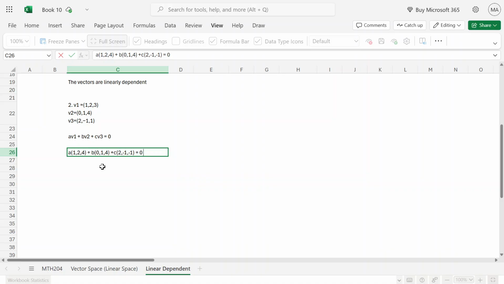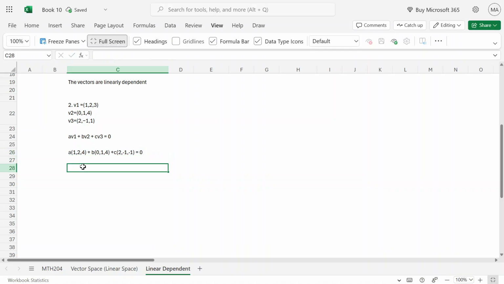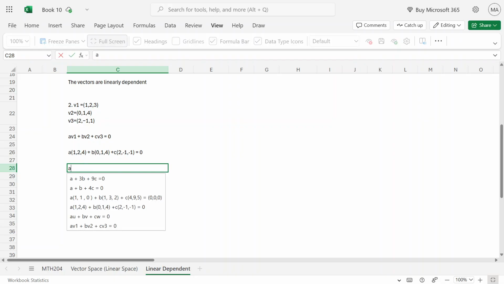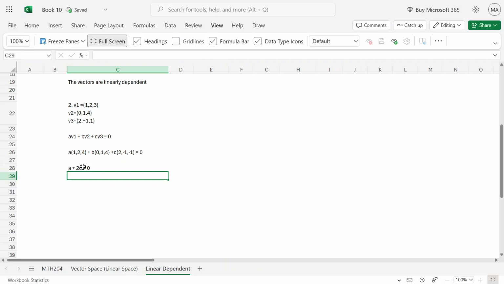Now, we should rewrite this and form our three equations. It will now be a times 1, a plus 0 times b is 0. Then the next one is 2c equals to 0. Then the next one will be 2a plus 1 times b, b minus c, because c times minus 1 is minus c, so equals to 0.